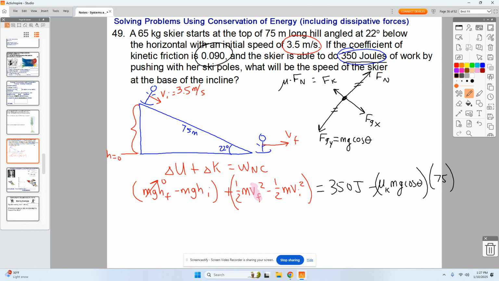Once I get this equation written, folks, do you recognize that I know every term up there except for V final? Everything up there is known except for V final. Can I cross off the mass? Is the mass of the skier important here?